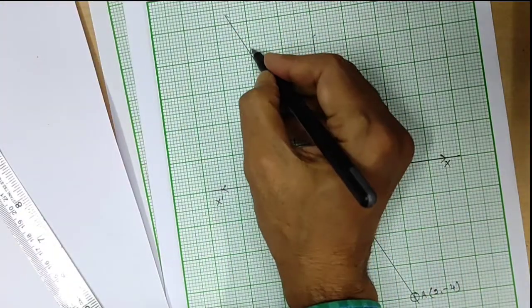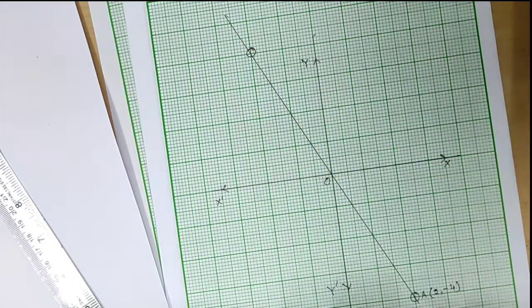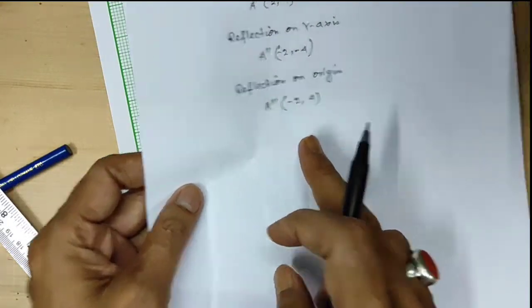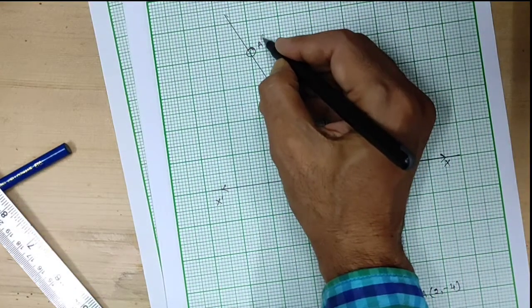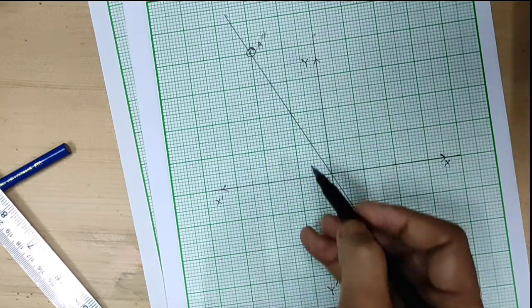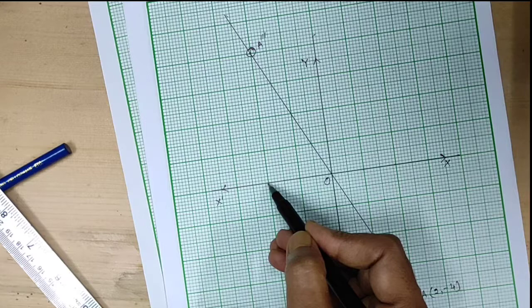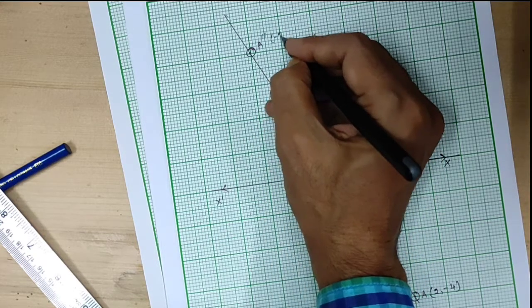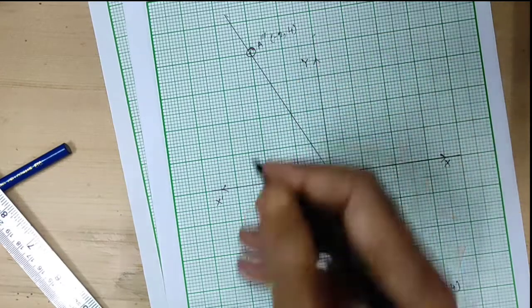So, here is our image. If A is the point, then we can write A dash. What we have written here? We have written here A triple dash in our example. Okay, A triple dash. Then its coordinates are minus 2, 1, 2, 3, 4. Minus 2, 4.